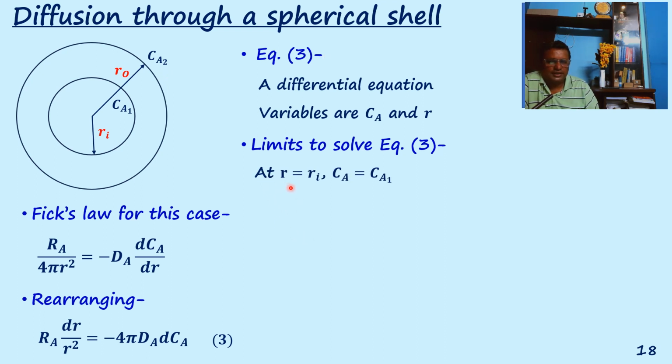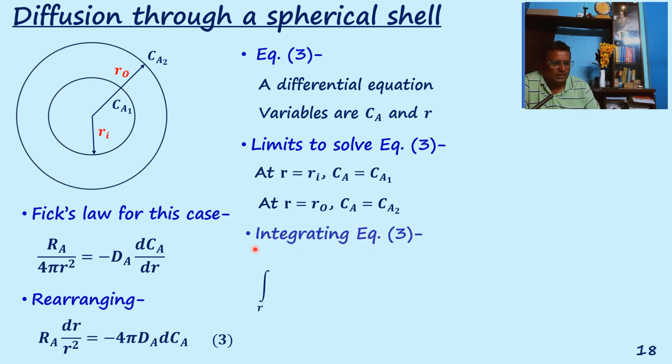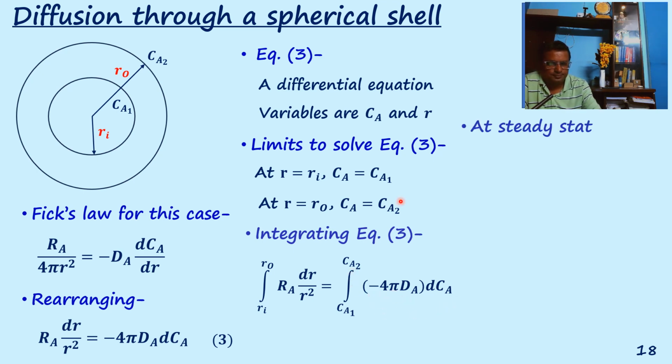That means when you are at the inner radius, CA is CA1, and when you are at the outer radius, CA is CA2. If you use these limits and integrate equation number 3, then you get this integration from Ri to R0 of Ra into dr by r square, equal to minus 4 pi dA into dCA from CA1 to CA2.